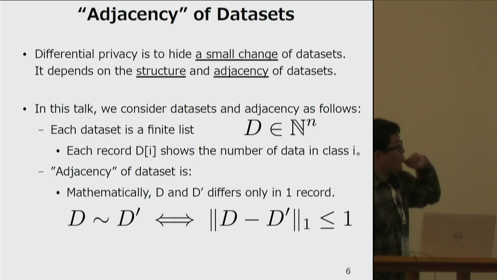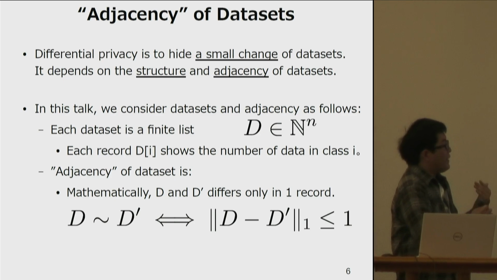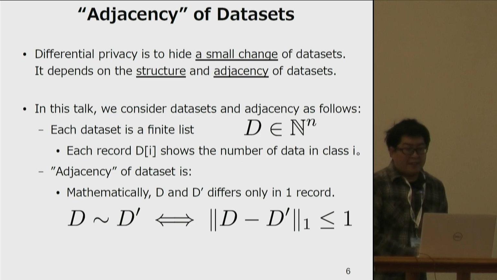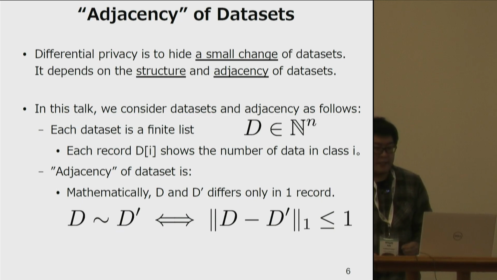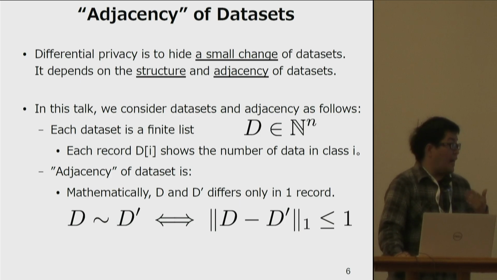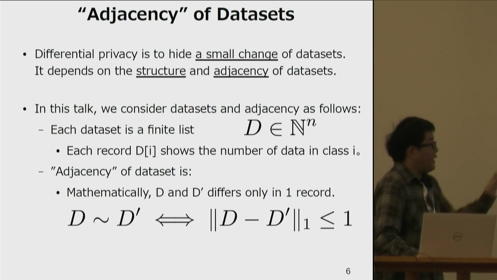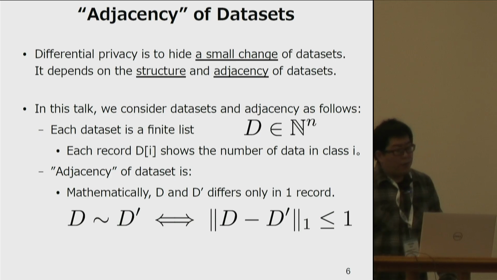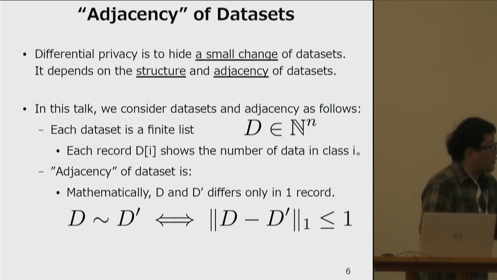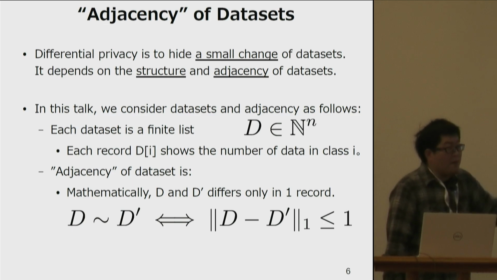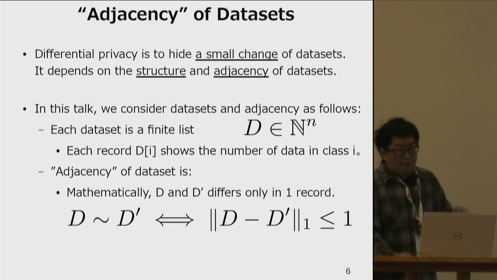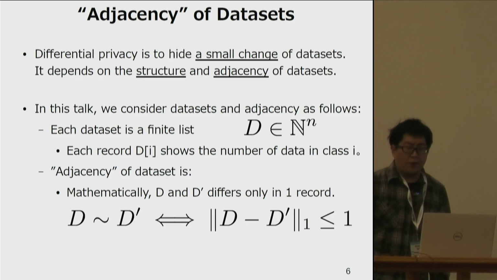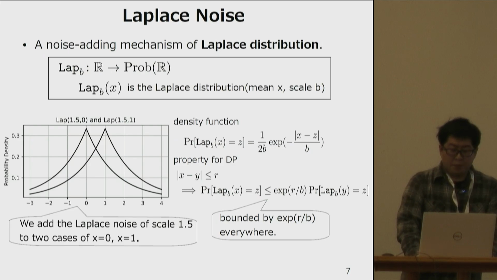Here, each record D of i shows the number of data in class i, and the data set D itself can be understood as a histogram. Next, the adjacency of data set is defined by the L1 metric. D and D prime are adjacent if and only if L1 metric between D and D prime is bounded by 1. In this case, D and D prime differs only in one record.